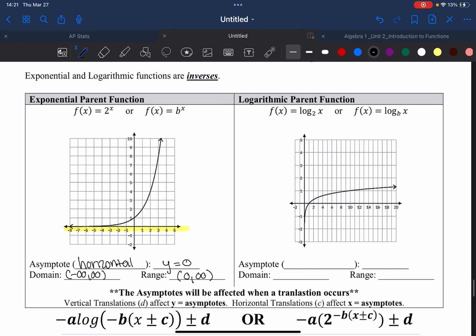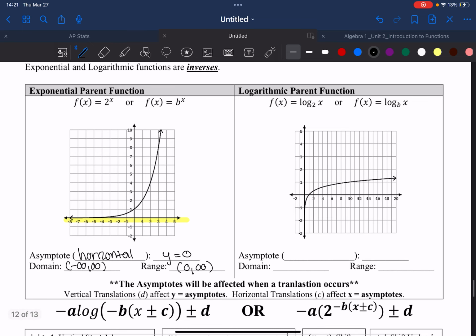Then we have the parent function of log. So we have f of x is equal to log base 2 of x, or this can be written as f of x is equal to log base b of x, where b is any number. Here, the asymptote is a vertical line, so remember, it's going to be everything opposite than the exponential function since they are inverses.